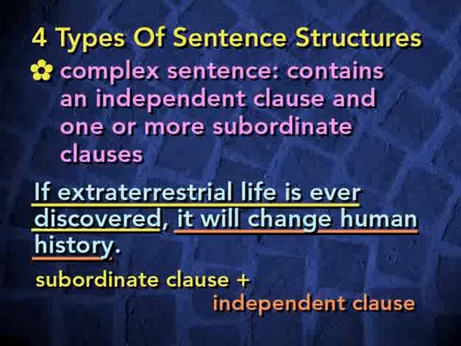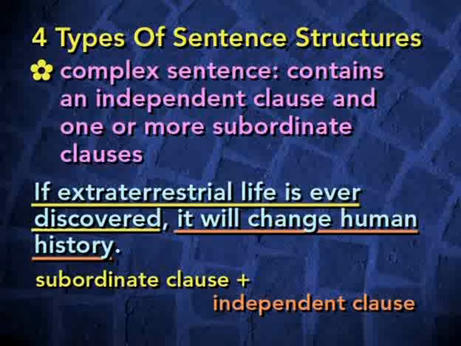So the two clauses work together to express one complete idea. And therefore, we have a correct sentence which is known as a complex sentence, because that's what a complex sentence does. It combines two different kinds of clauses, one an independent clause and the other a subordinate clause, makes them into a whole to express a single thought.